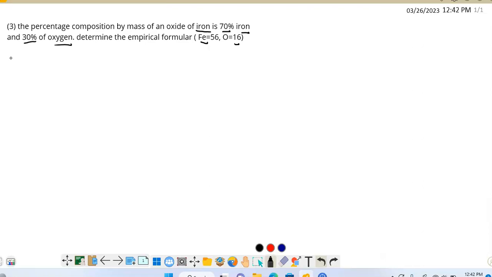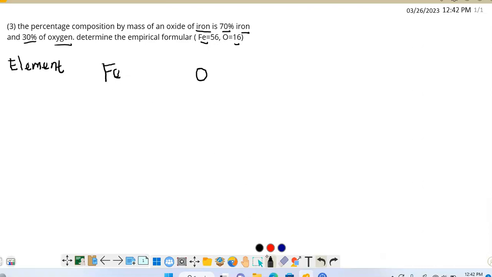You follow the same format where you write element here. The elements that we have are ferrum, which is iron, Fe, and oxygen.